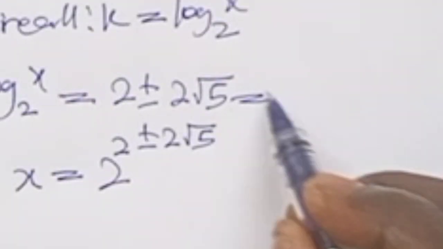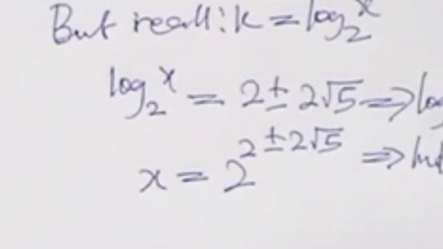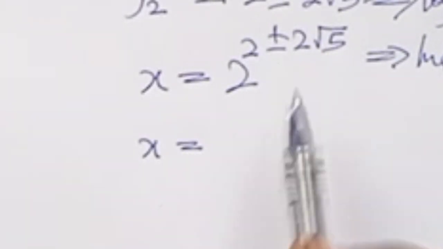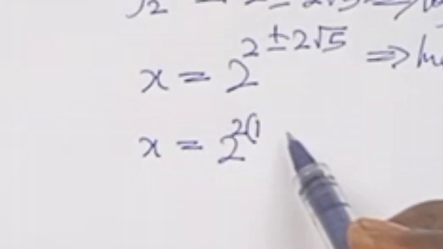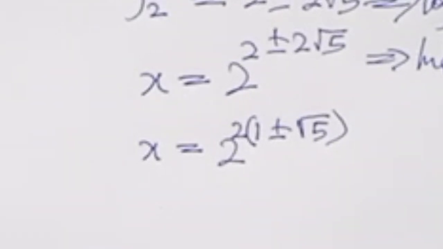Here, this is in the log form, and there is the index form, which means that x can be equal to, you can factor out 2 here, 2 raised to the power 2 times 1 plus or minus square root of 5.